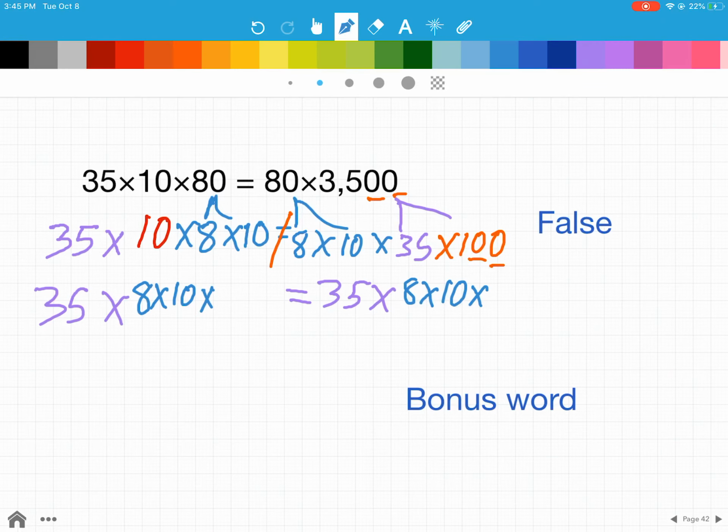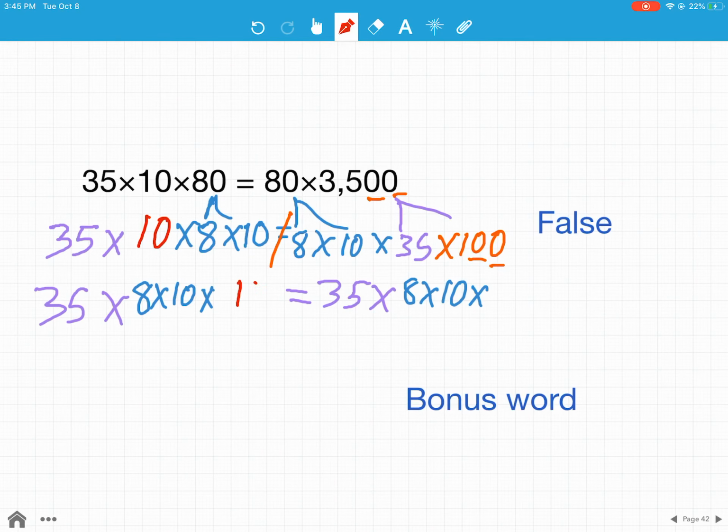But then, at the end, we're multiplying it times 10 on one side, and we're multiplying it times 100 on the other. So this is the reason that this is false. Okay? All right, you don't have to solve it all the way, you just have to show it.